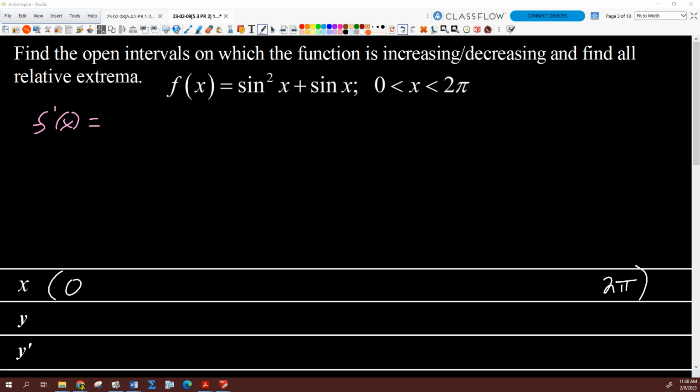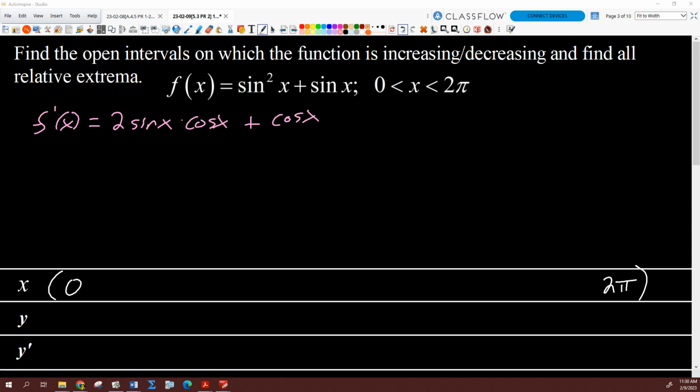So what's it going to be? 2 sine x times cosine x. Good, there's the first link, right? The derivative of sine squared is 2 sine. Now the derivative of sine, in this case, is cosine x, plus cosine x.